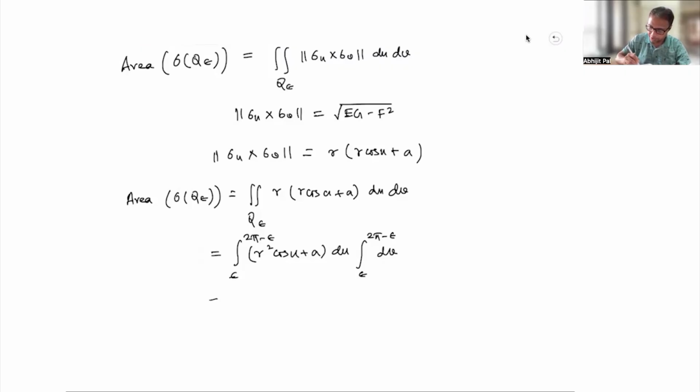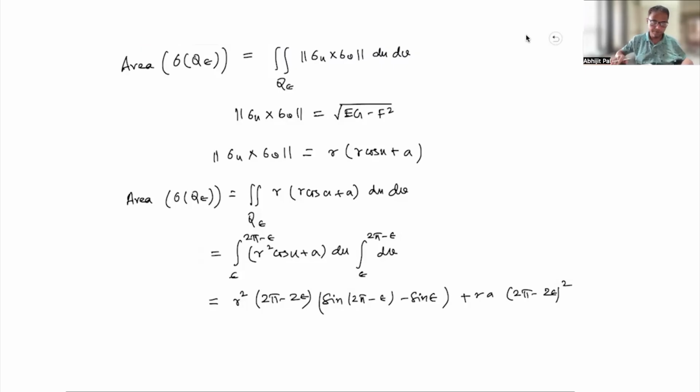You can compute this integration. So this will be equal to r squared times (sine of (2 pi minus epsilon) minus sine epsilon) times (2 pi minus 2 epsilon), plus r a times (2 pi minus 2 epsilon) whole squared.